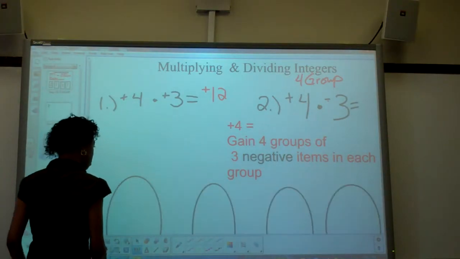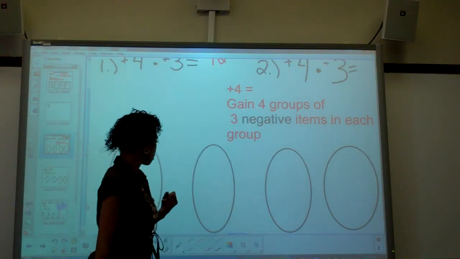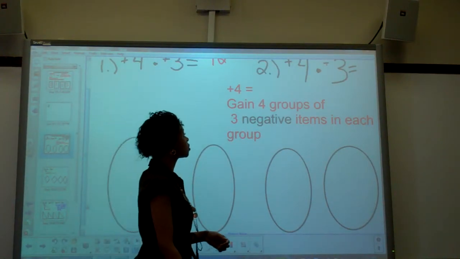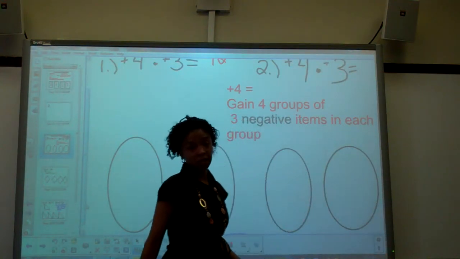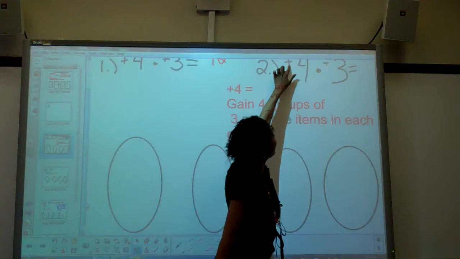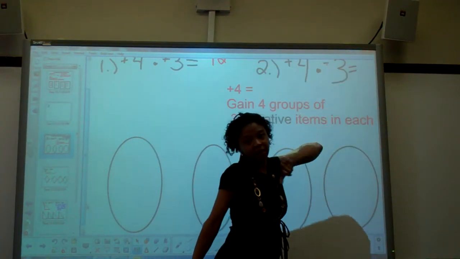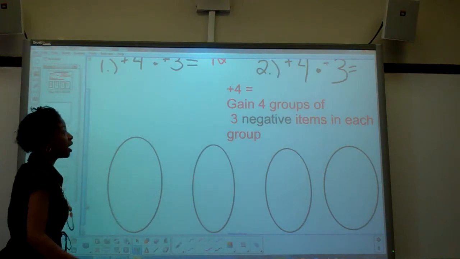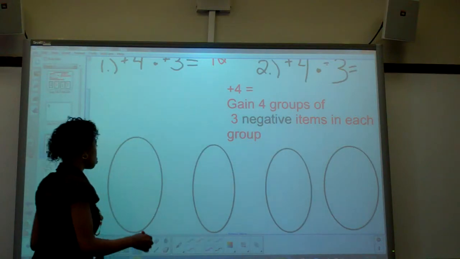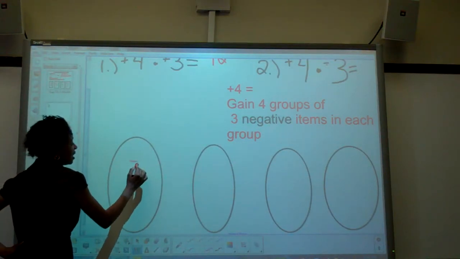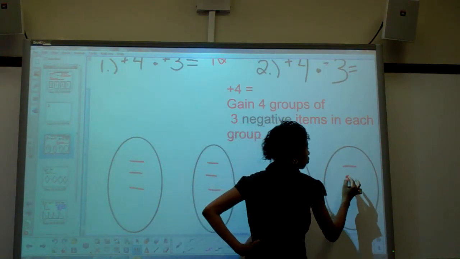So, here are our 4 groups. We're going to get 4 groups, and what are we getting in the 4 groups? In each of the 4 groups, we're going to get 3 negative items. So we need to get 3 negative items in each of the 4 groups.